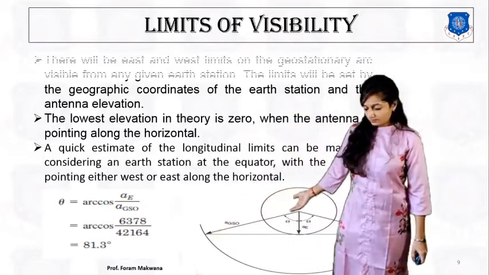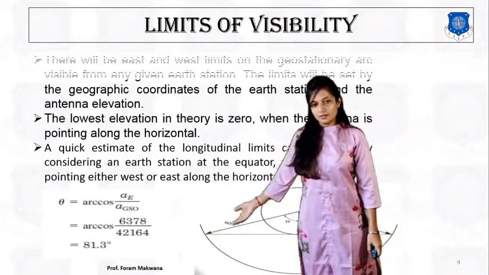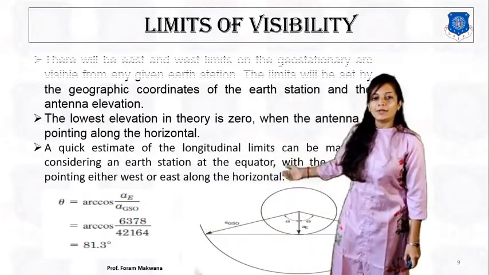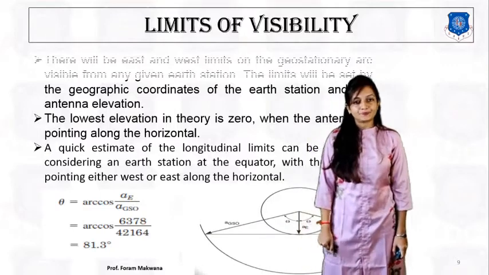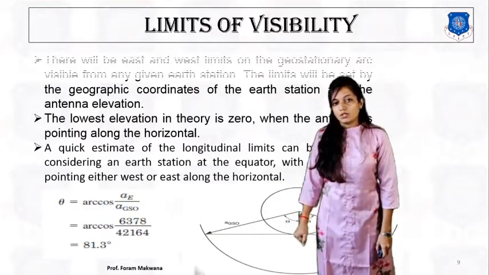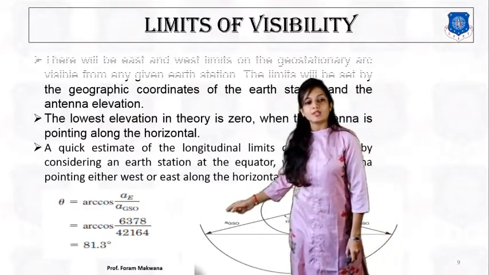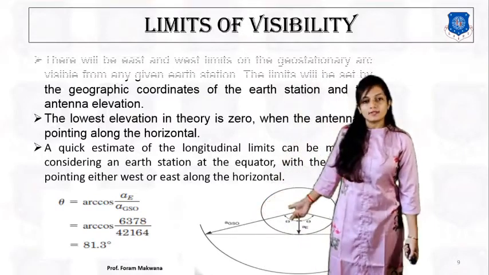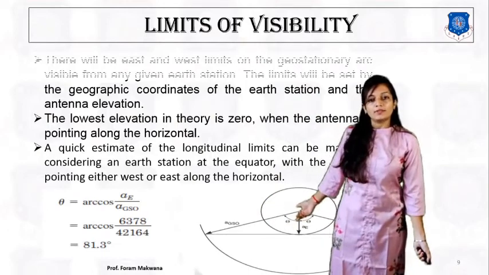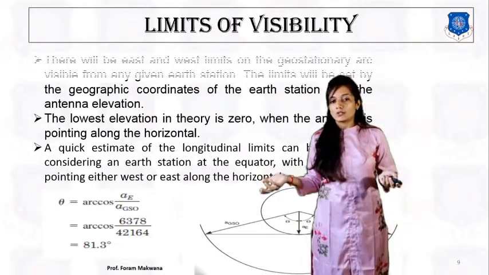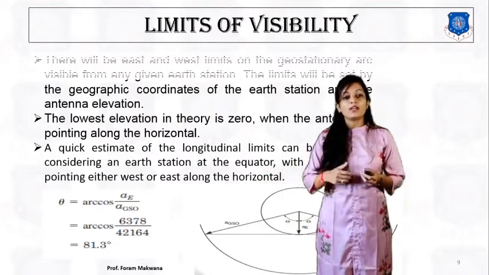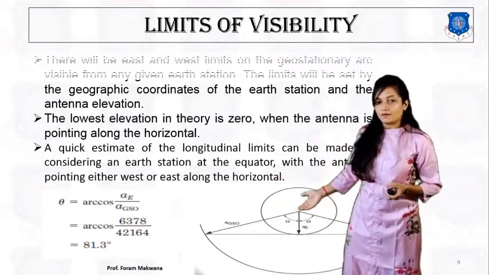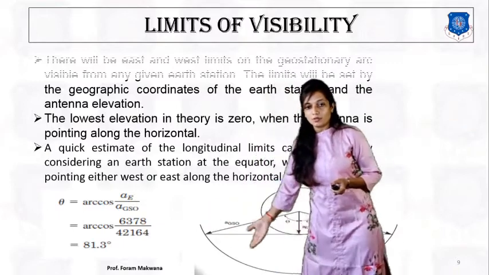We can say that because the geostationary orbit lies on the equator of the earth. The lowest elevation in this diagram is 0, because the antenna is pointing along the horizontal axis. So we are going to estimate the longitude limits from this to this.